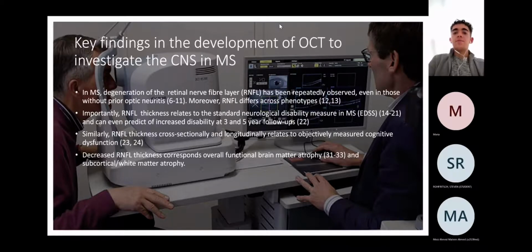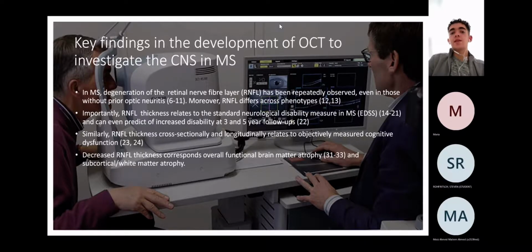And additionally, what you find is differences in the RNFL across phenotypes. Surprisingly, those who have progressive types of MS actually seem to have better off RNFL. However, the reason this is surprising is that progressive subtypes typically have worse disease outcomes.